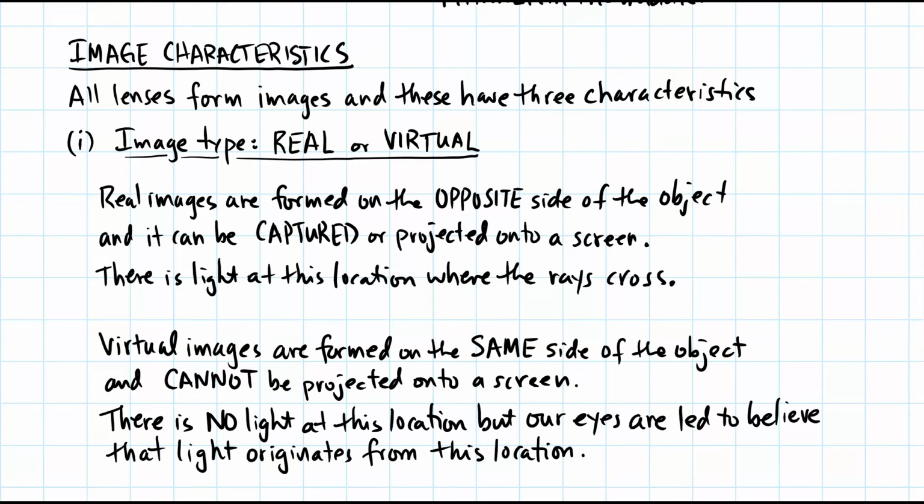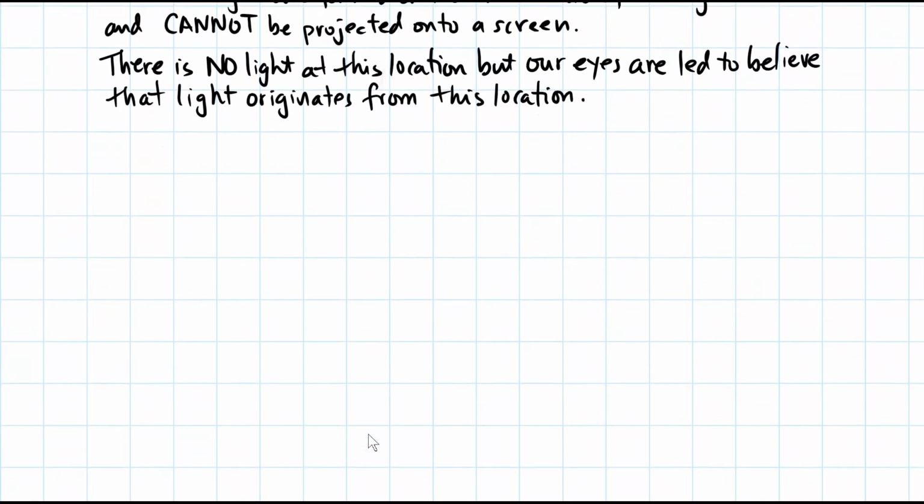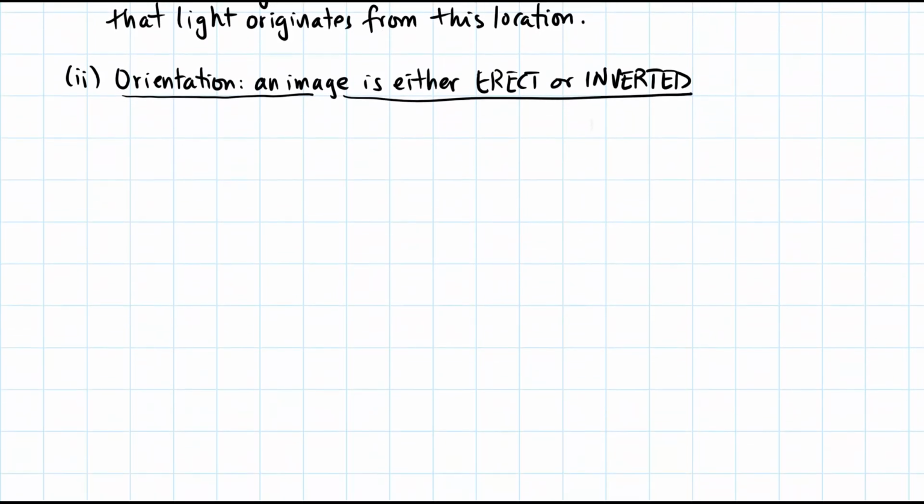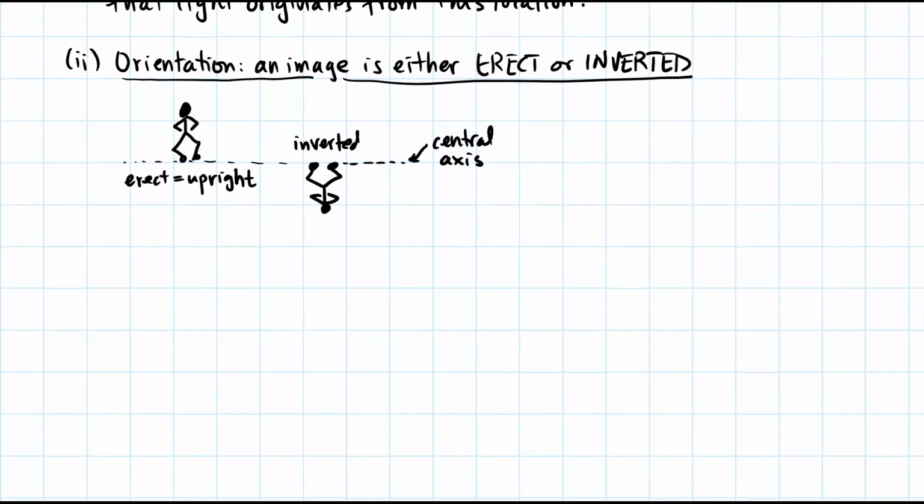The second image characteristic is orientation. An image is either erect or inverted. If an image is erect or upright, then it stands above the central axis. If an image is inverted, then it points down below the central axis.